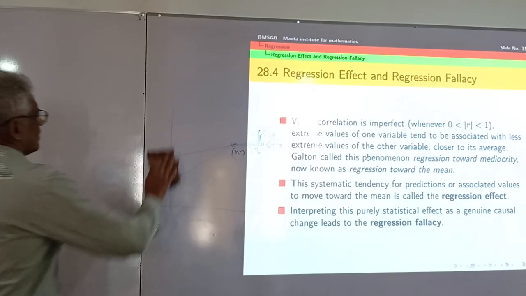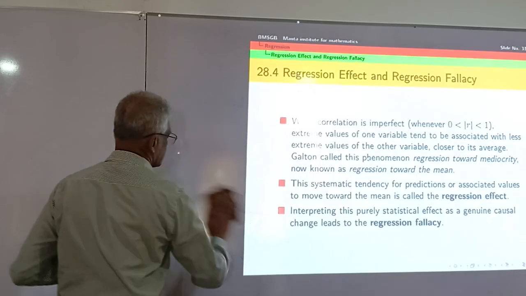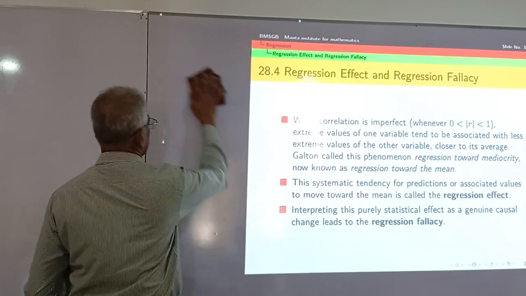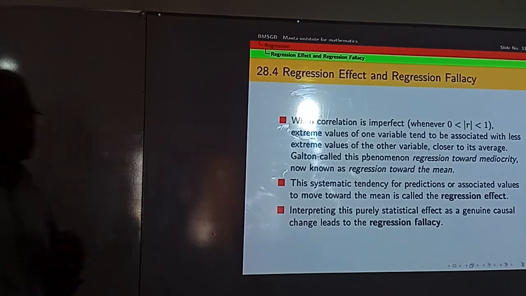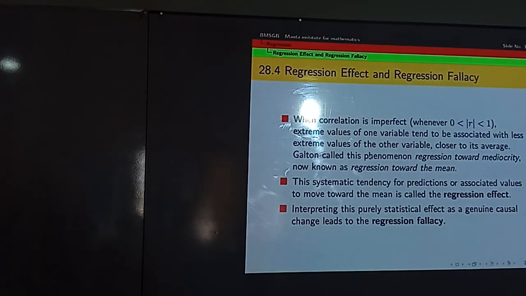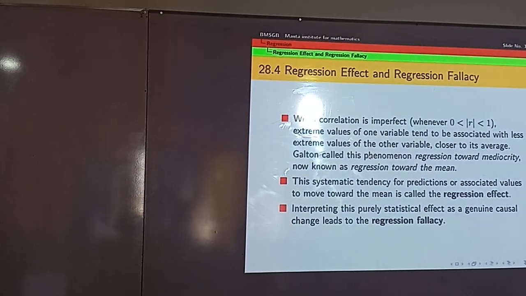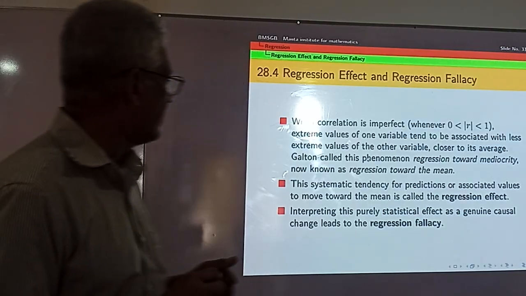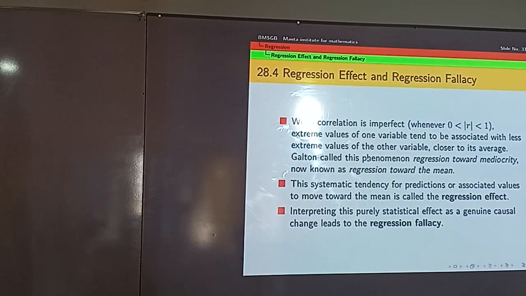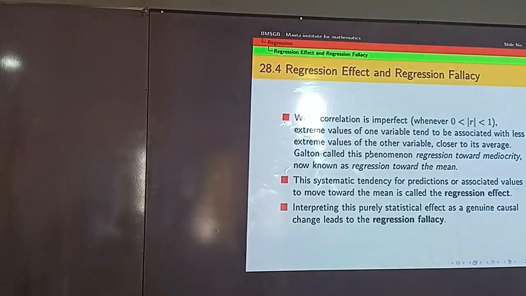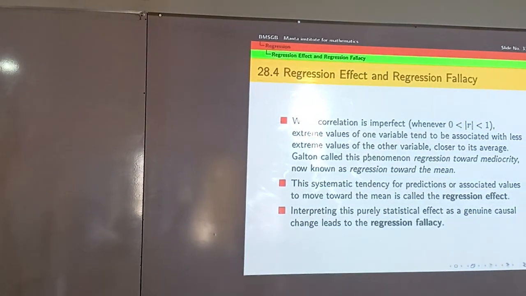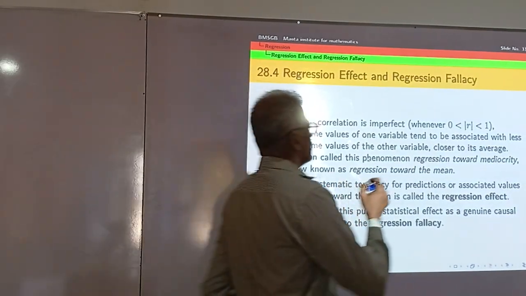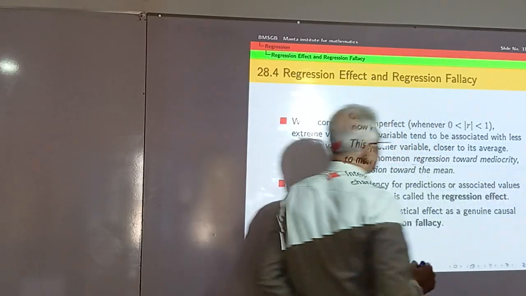Next, there was a term called regression effect, and regression fallacy. So I have tried to explain that. This was first discovered by Galton, who introduced regression. He called this regression toward mediocrity.